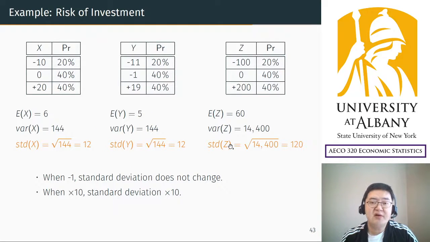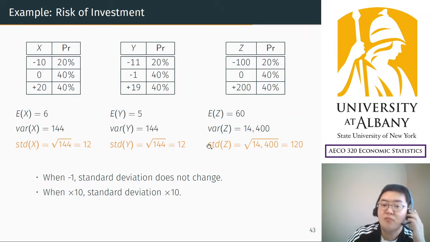So let's think about how the standard deviation changes in our previous example. As I said, standard deviation is just the square root of variance. So you have 12, which is the square root of 144, and here 120, the square root of 14,400.